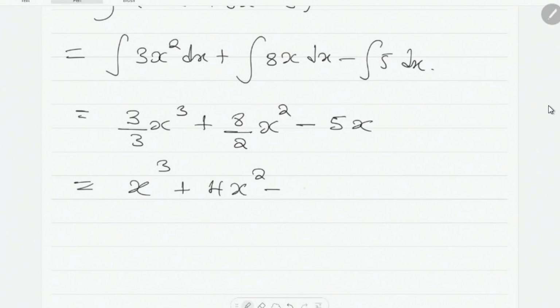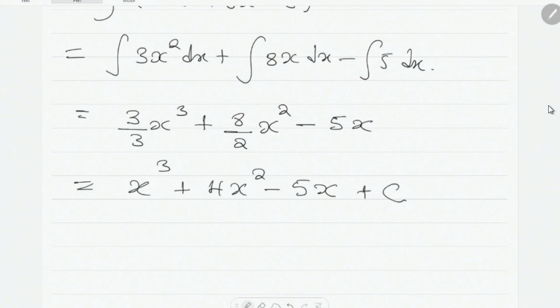Since this is an indefinite integral, I'm supposed to add a constant. You can use c or you can use k. That is the constant of integration because it is an indefinite integral. The reason we add a constant c is that when I differentiate, the derivative of a constant is equal to 0.